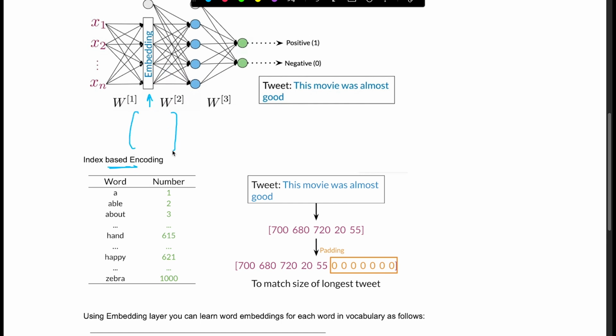So we have something called an embedding matrix that we are going to define within our embedding layer, as well as index based encoding. So a conjunction of both index based encoding and embedding matrix is very critical for us to understand the sequence models better, right?